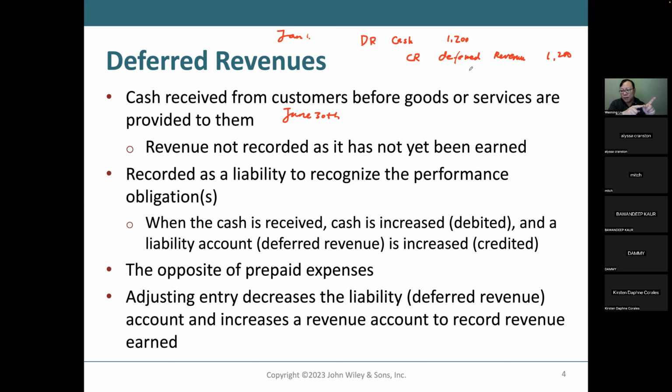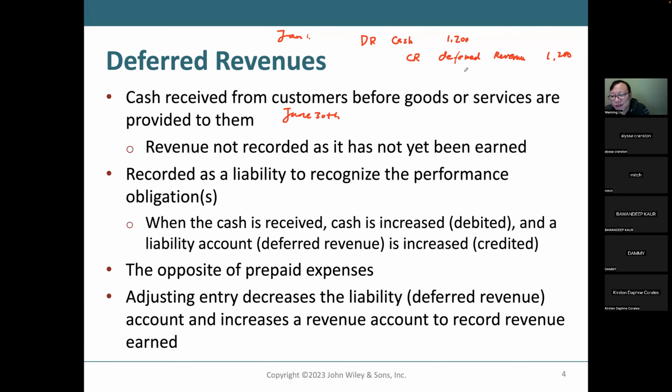That means they have completed half of their performance obligation, right? The performance obligation is to deliver the 12 magazines to the buyer. This is a merchandising company providing the magazines, and you delivered half of it over the 6 months.